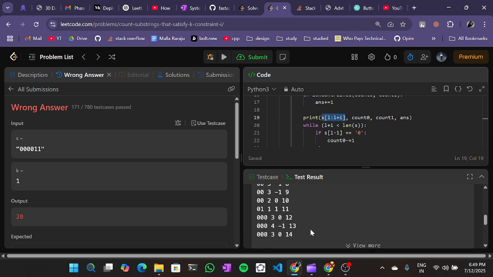Slicing is fine, but there is an issue. Let's take index instead of last slice.